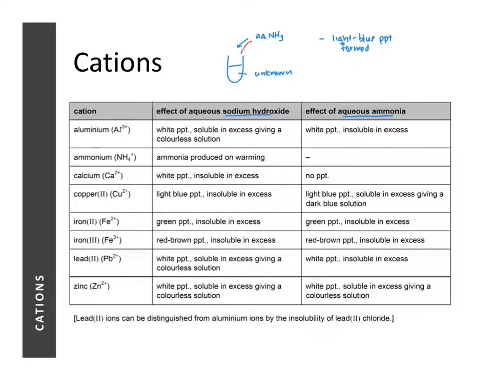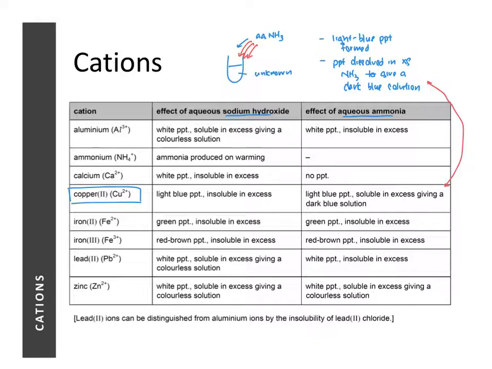And then what I do next is I add excess aqueous ammonia, and what I find is that the precipitate dissolved in excess ammonia to give a dark blue solution. So based on the observations that I've made in this test, I can conclude that the unknown contains copper 2 ions. Okay, so you can see that the observation matches whatever that's given in the table.